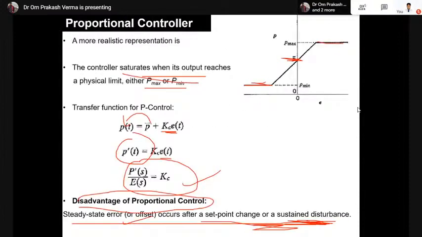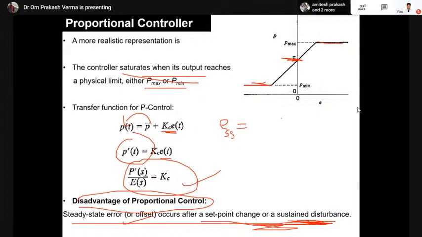So why am I saying the steady state error is present in the proportional controller? I have not discussed it in the slide. Basically, steady state error depends on the type of the system.